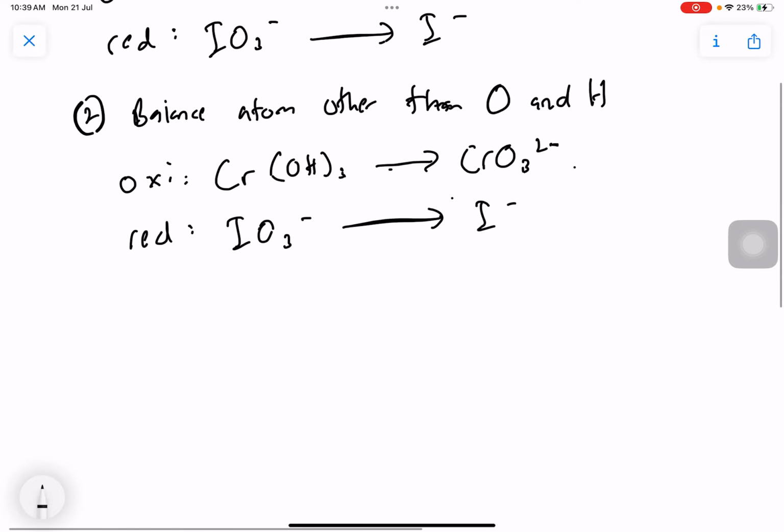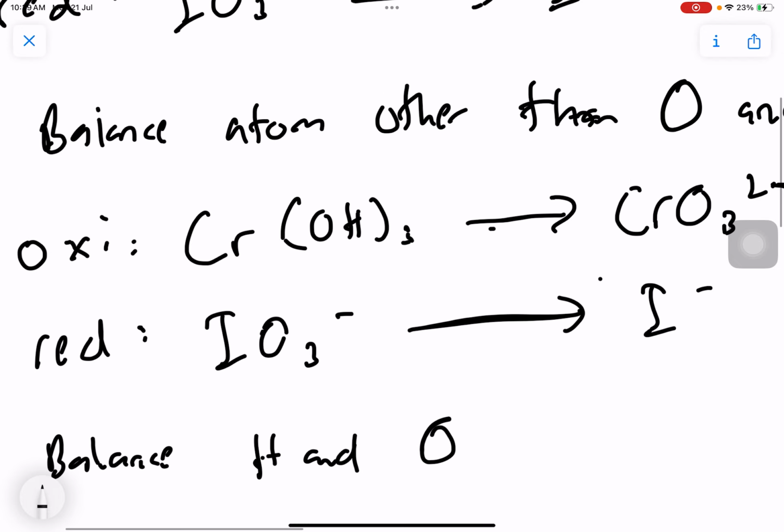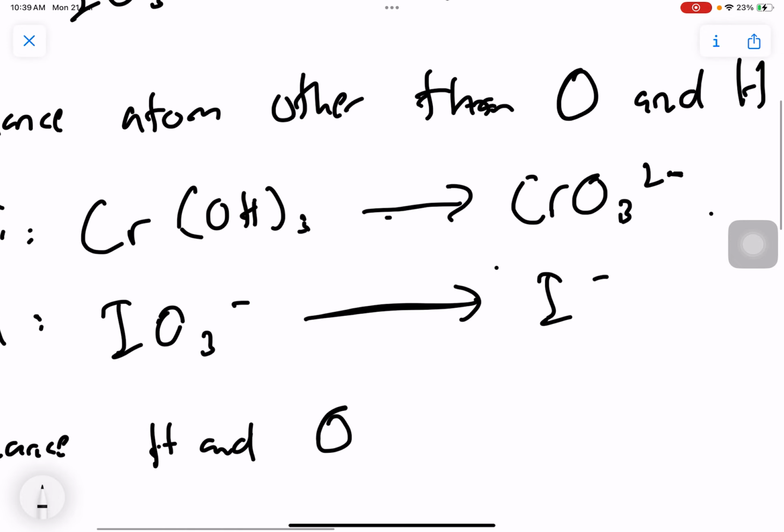So third is balance hydrogen and oxygen. For oxidation, balance oxygen by adding H2O. Here oxygen is 3, here also oxygen 3, so the oxygen should be no problem because both sides are 3.